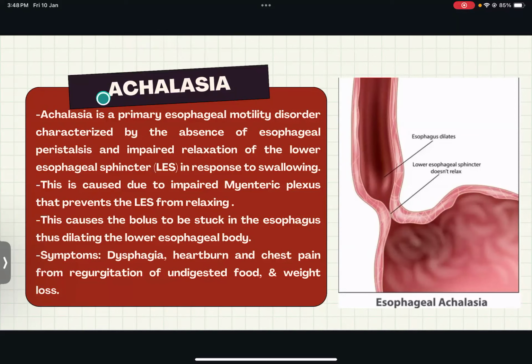Okay? And another reason is increased gastric acidity. This can be caused by diet changes, or drinking or having acidic food such as coffee or other stuff. Okay, so yeah, increased gastric acidity.